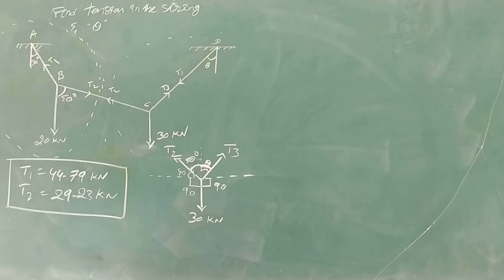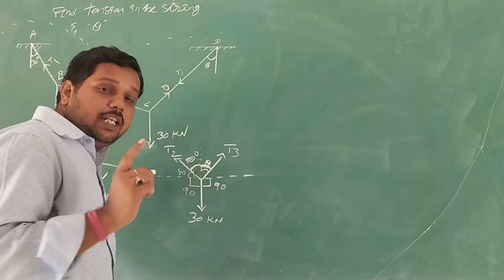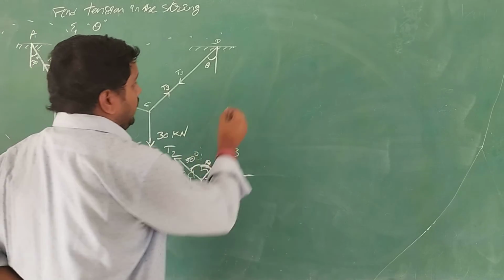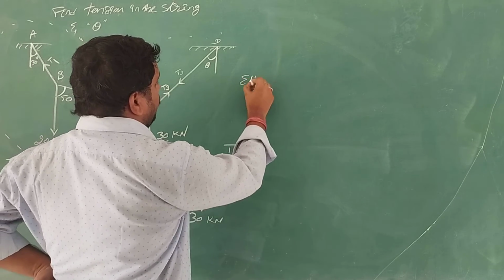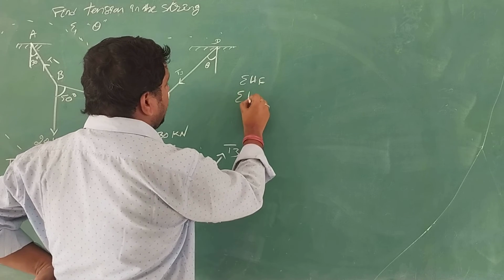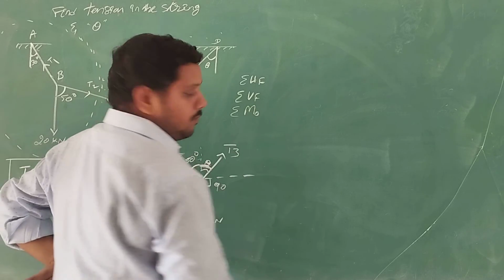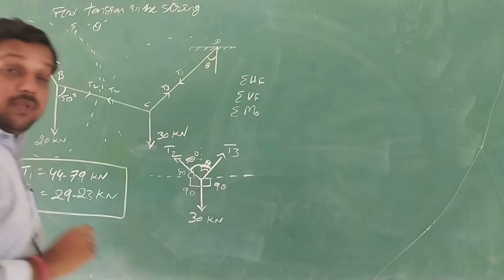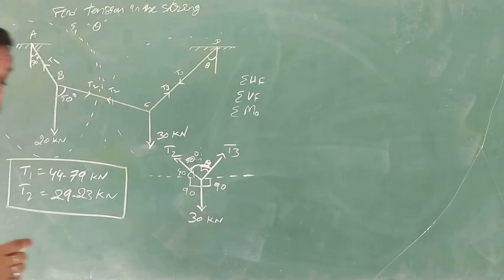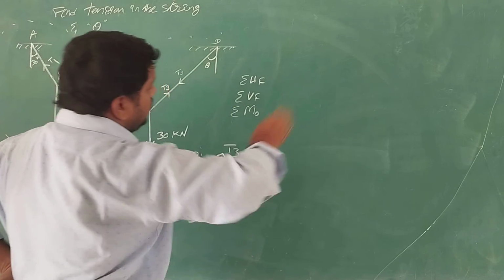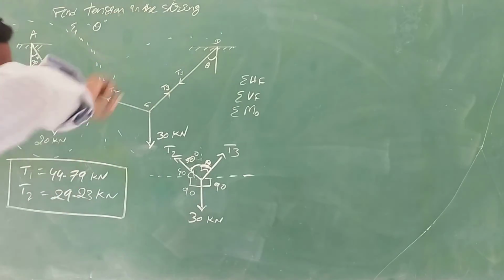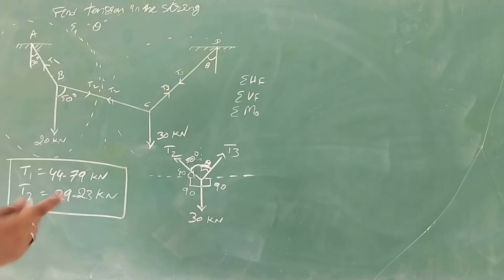We should apply equation of equilibrium. Before that, we should know what is called equation of equilibrium. See, the horizontal force and vertical force and the other equation, moment. These three are called equations of equilibrium. All the horizontal force and all the vertical force, along with that a moment. Moment I'll be doing in the next class.